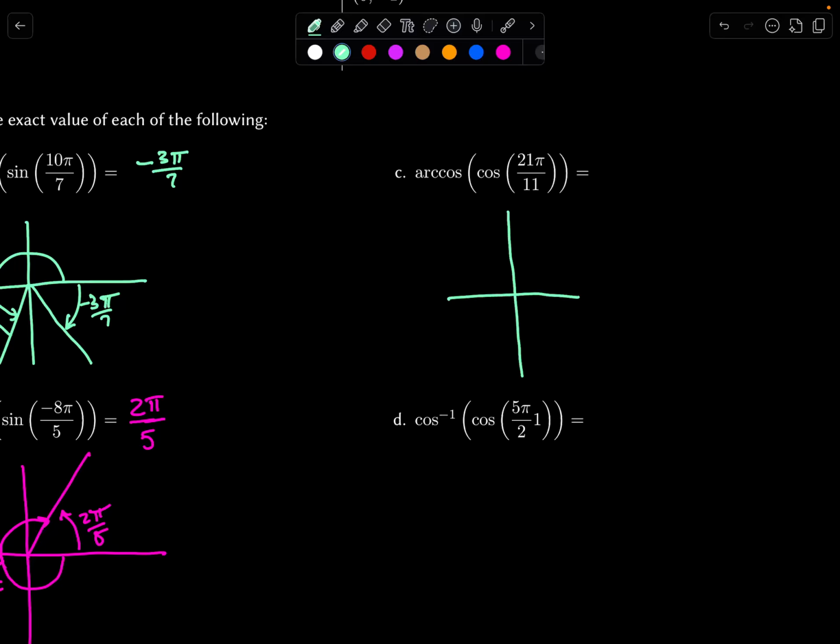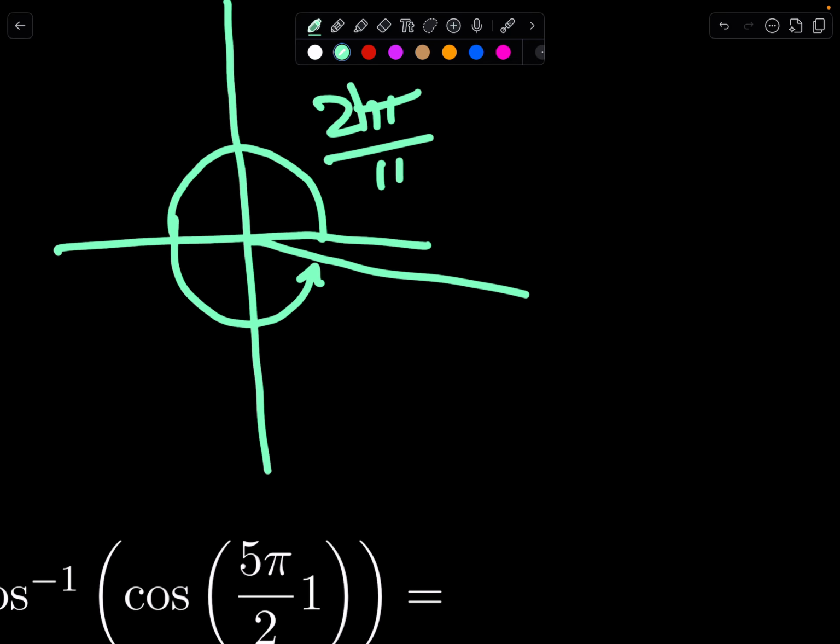21 pi over 11. So we start with 11 pi over 11, which is half a circle. And then we go another 10 pi over 11, which takes us almost a full circle. So you're right here. So that's 21 pi over 11. What we're going to need to know is that this here is just pi over 11.